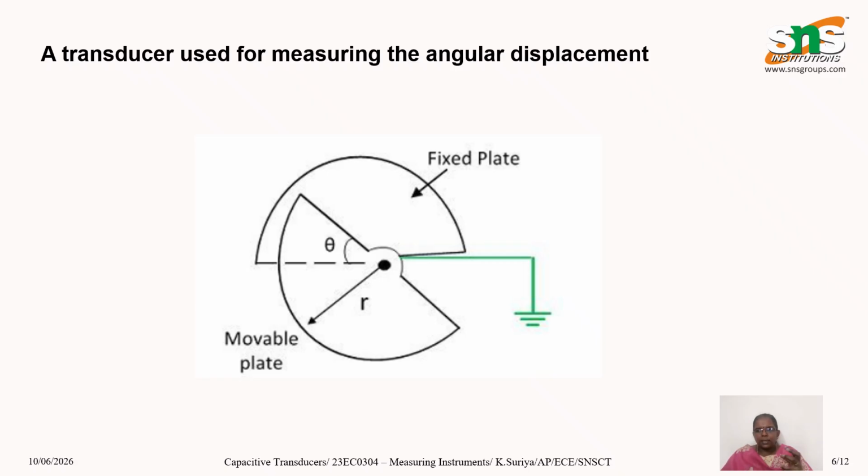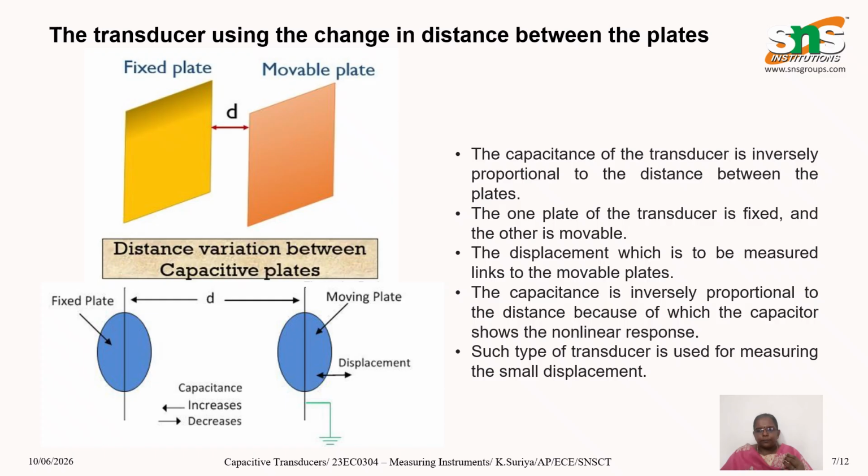By measuring this capacitance change, the angular position of the rotating object can be determined accurately. Such transducers are commonly used in rotary position sensors, control systems, and industrial automation, where angular movement needs to be measured with high precision.